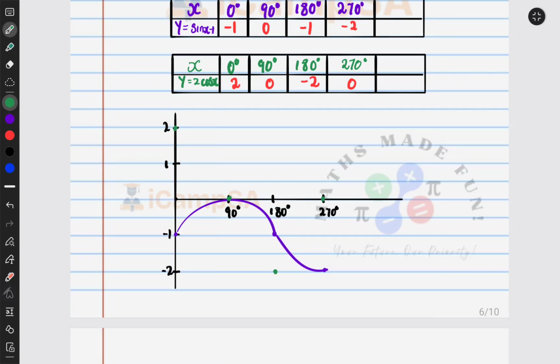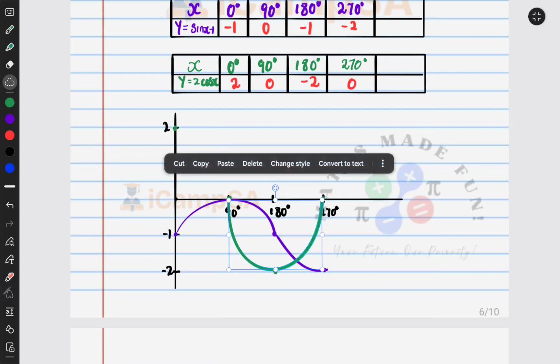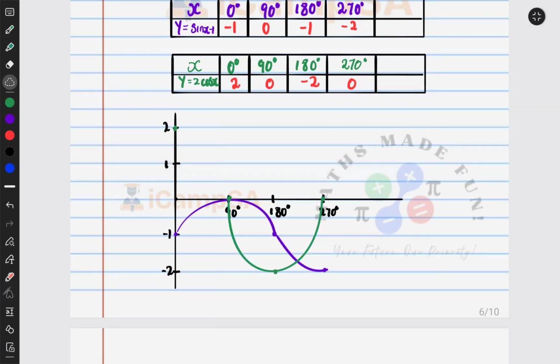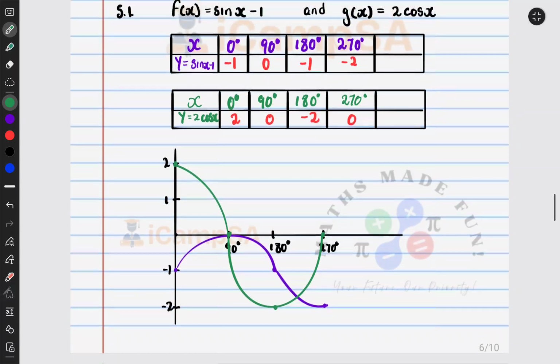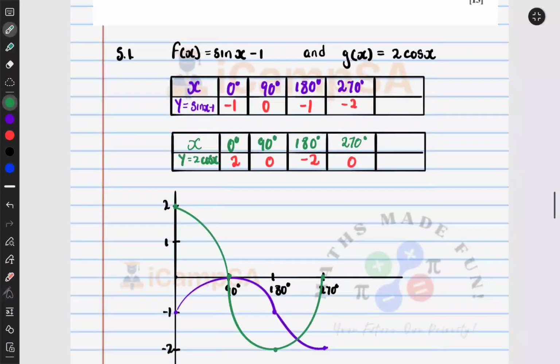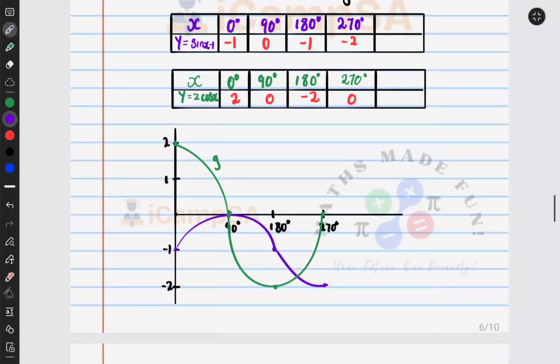Then let's sketch our function like that. So our functions will look like that. This is the g function, and this is the f function.